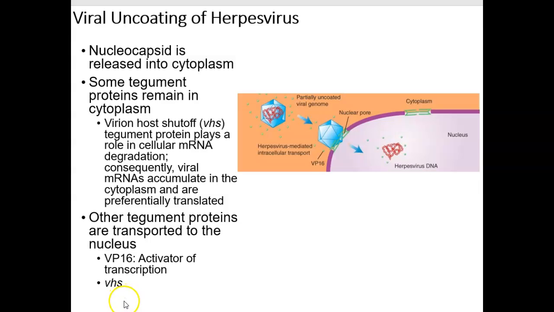So VHS, or virion host shutoff protein, is going to stop host translation, and that allows the viral proteins to be preferentially translated. And if host translation is shut down, that also makes it difficult for the cell to initiate an antiviral response.